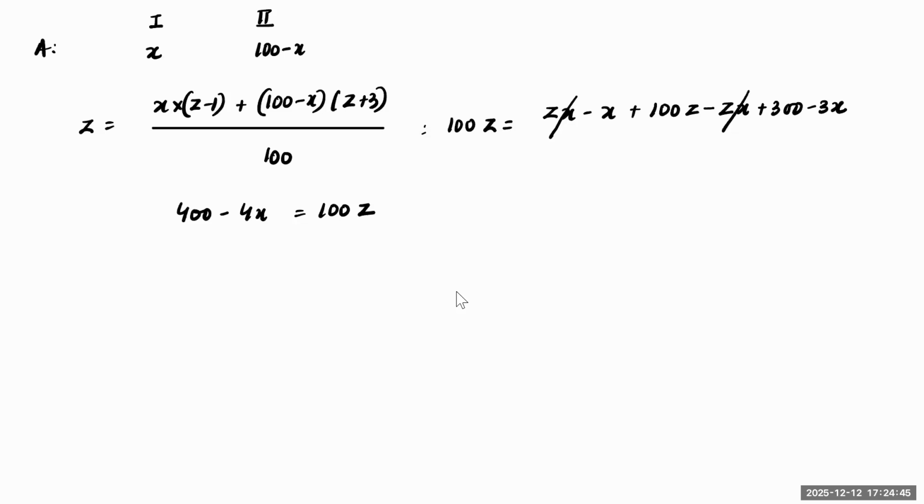Sorry, this is wrong. Let me rewrite that. 100Z is equal to 300 plus 100Z minus 4x.